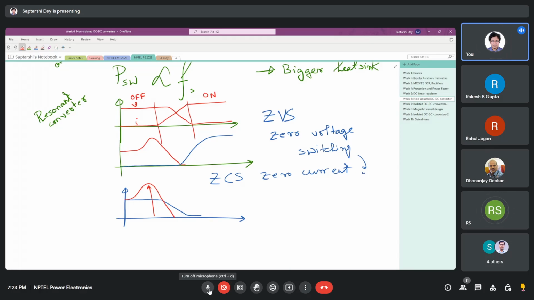Sir, for making this ZVS and ZCS, for each switch, do we need to add any additional circuits? I have forgotten the circuits, but yes, you have to introduce additional capacitors and inductors also, I think.